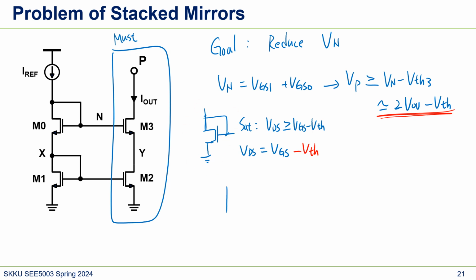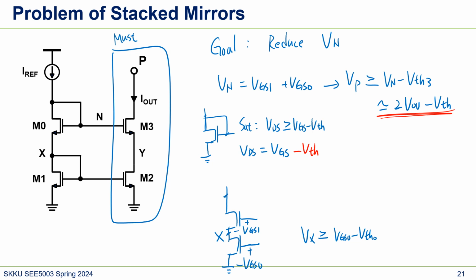So when we also see two stacked MOSFETs, we're going to find out what's the minimum voltage that we can have. Assuming that we have VGS0 and then VGS1, let's say this voltage is X. So the minimum Vx is VGS0 minus VTH0, right?